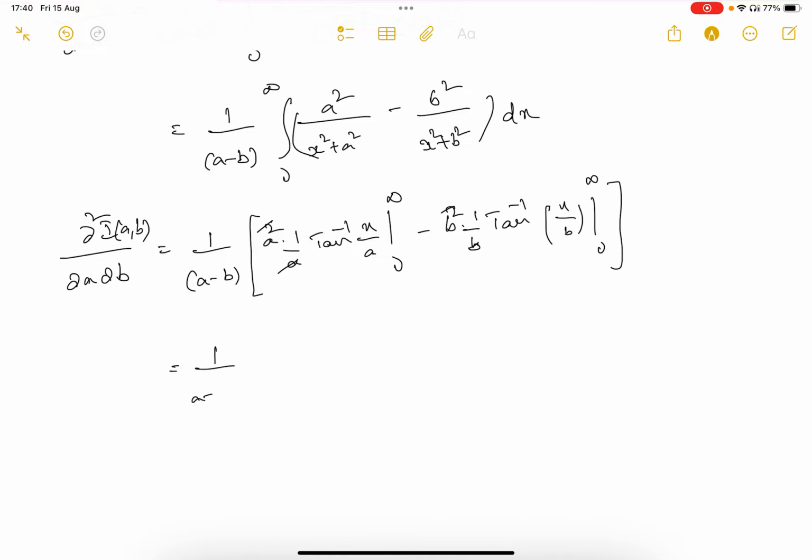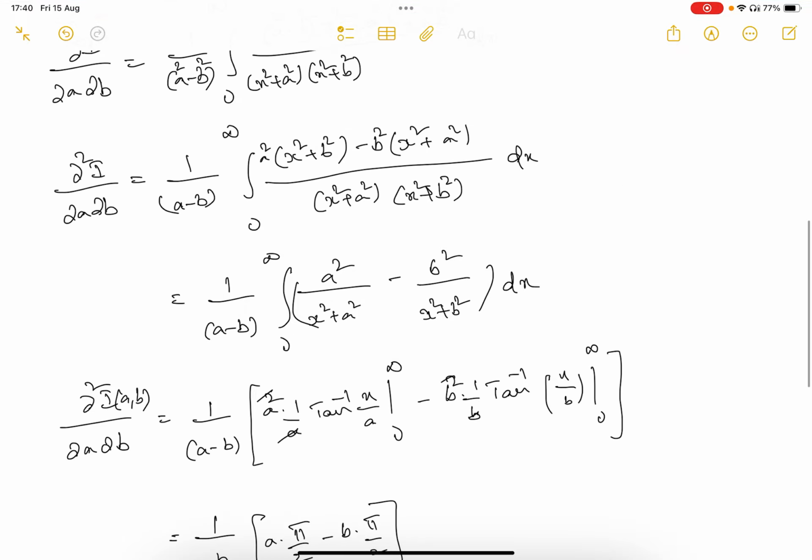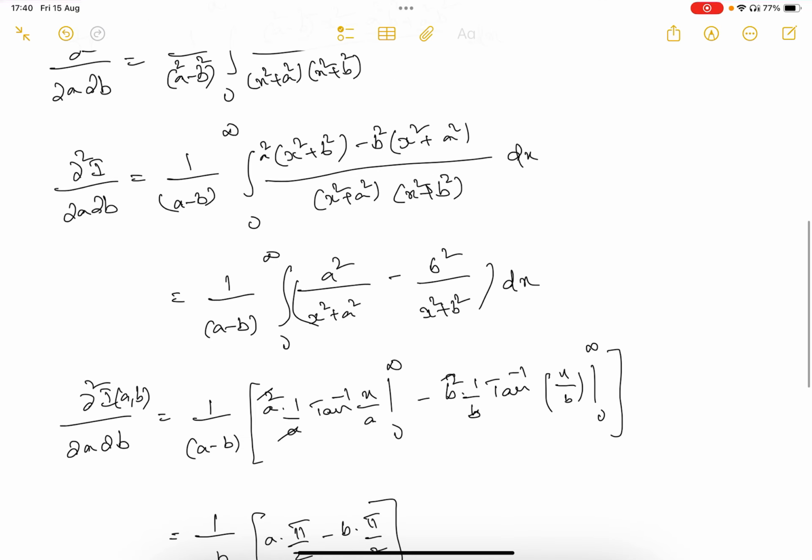1 by a minus b into, as you can see, if you substitute the limit here, there will be a. Tan inverse infinity is pi by 2, right? And tan inverse 0 is 0. Similarly here it will be b into pi by 2, right?